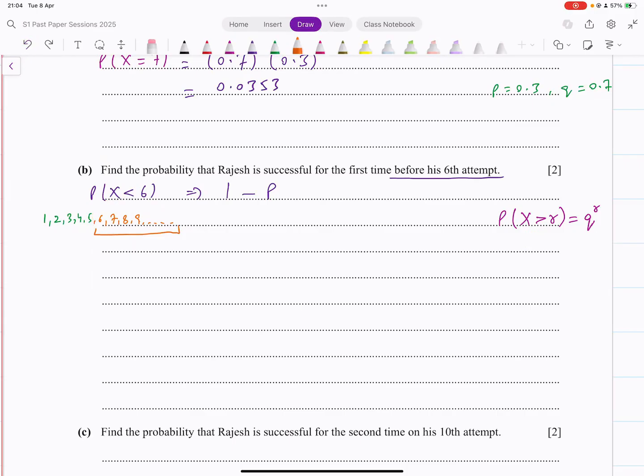Numbers from 6 onward, we can say these are greater than 5. So we can say it's 1 minus probability that x is greater than 5. What does that give us? 1 minus q raised to power r, and that's just q raised to power 5. And that should give you the result 1 minus 0.7 raised to power 5. You can get your answer from that. What's the result that we get? What's the answer that we get from this? 1 minus 0.7 raised to power 5.